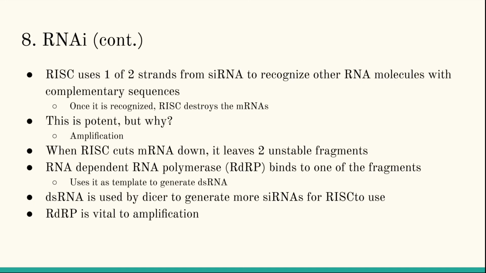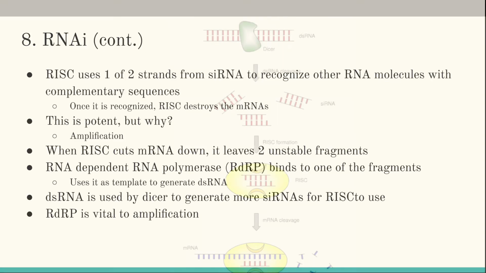The double-stranded RNA is used by dicer to generate more small interfering RNAs for RISC to use. RDRP is actually vital to amplification for this reason. So the more small interfering RNAs there are, the more RISC is able to use, and then it's able to destroy those mRNAs altogether, which is why RNA interference is so potent.